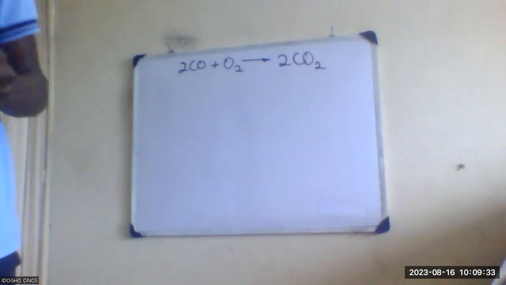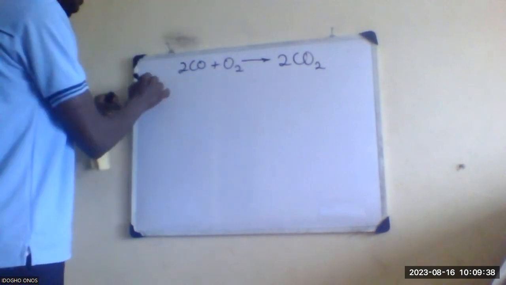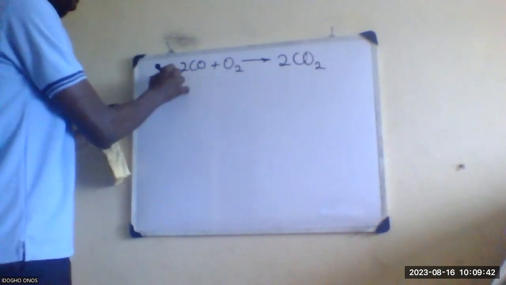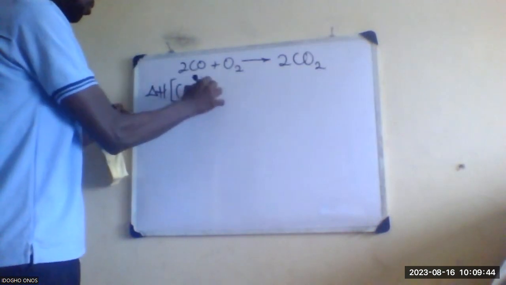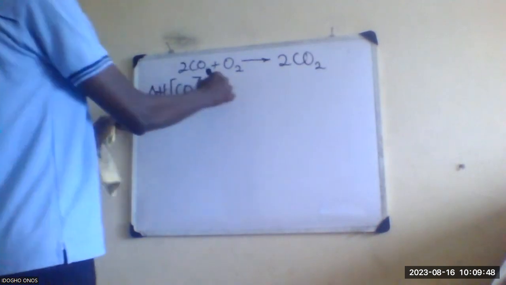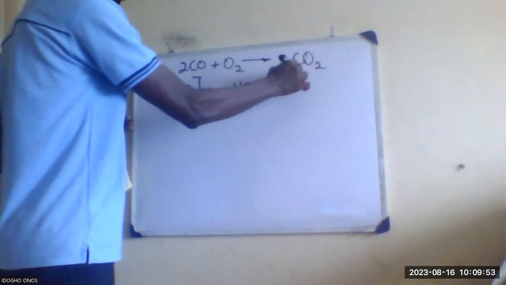Given that, we can now write the enthalpy change of CO equals minus 110.4 kilojoules per mole.